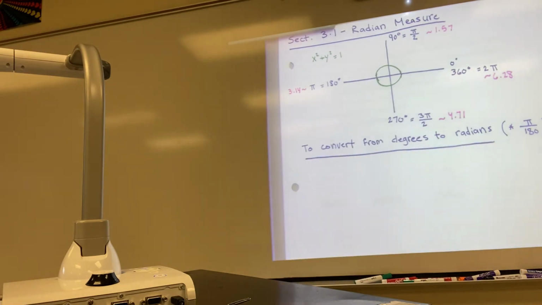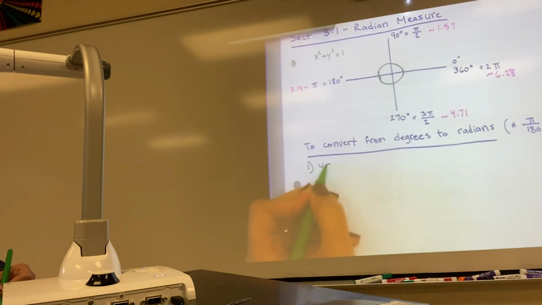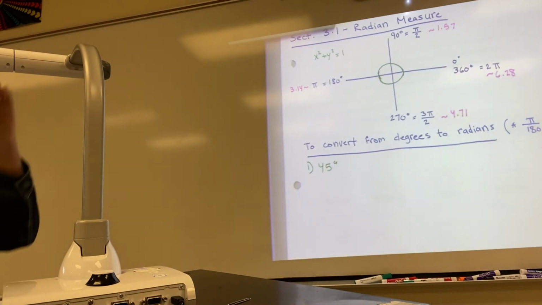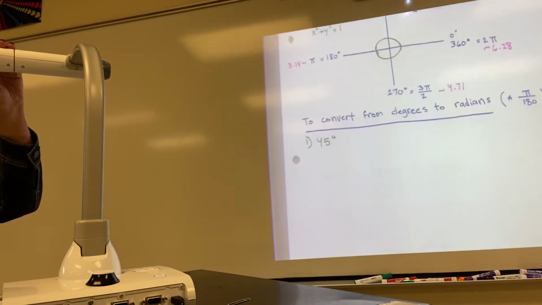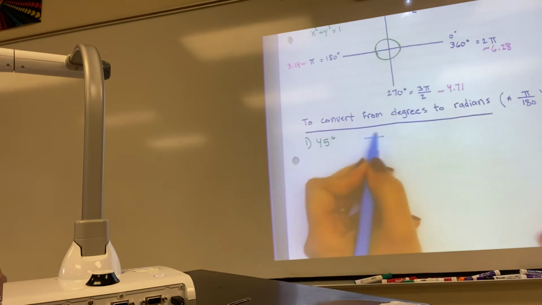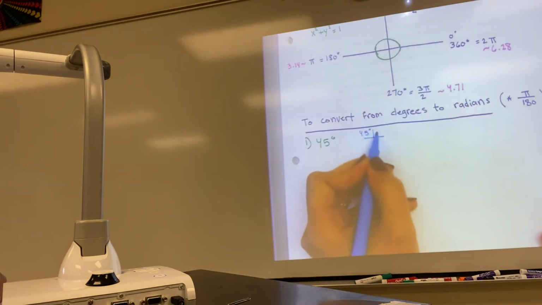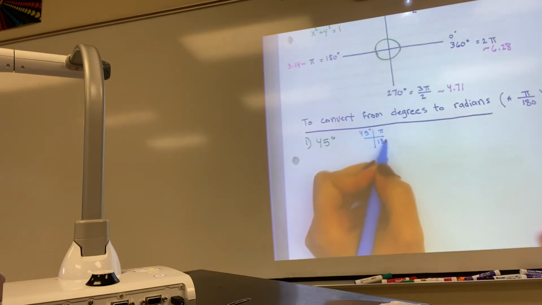First one, I need to convert 45 degrees to radians. I have 45 degrees, and I will multiply by pi over 180.